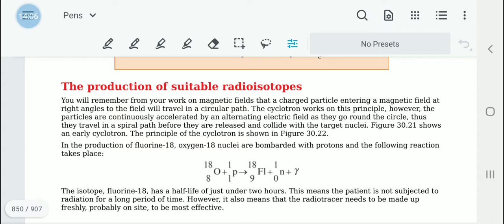Using this principle, a proton is allowed to go in a spiral path before it collides with the target nuclei.